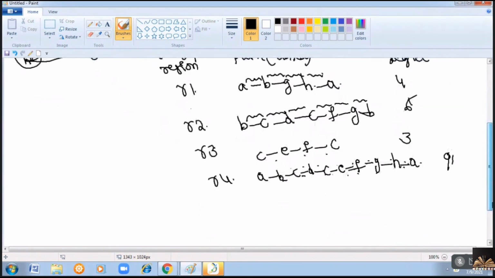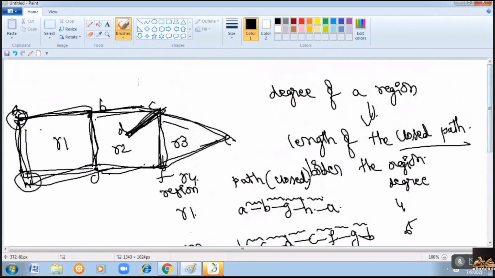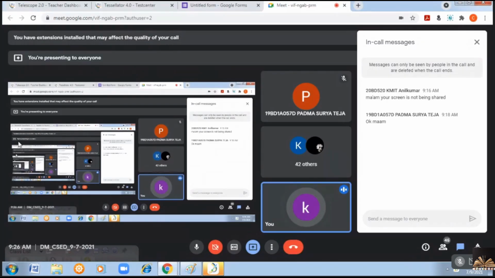Is it correct? This is R4, right? What is the closed path for R4? Tell me whether what I wrote is correct or not. Is the degree of region 4 equal to 9? Is it correct?